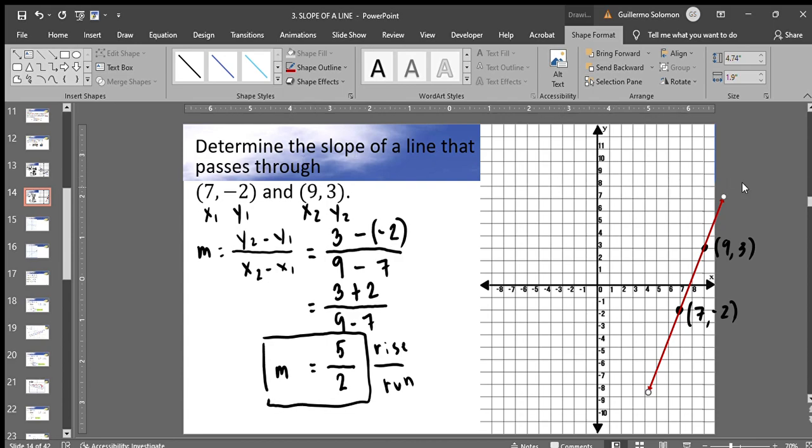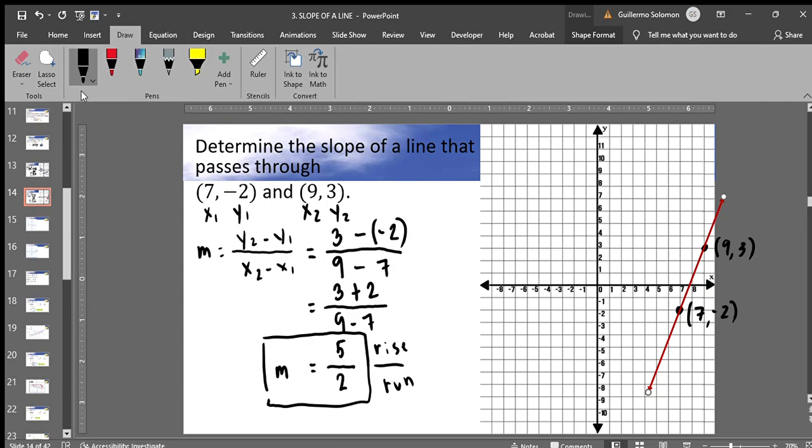Okay, so after we connect, then let us illustrate our slope of a line. From the first point we have here 7, negative 2. So our rise is 5 units, positive 5. So let us count from 7, negative 2. Let us count 5 units upward. So 1, 2, 3, 4, 5.